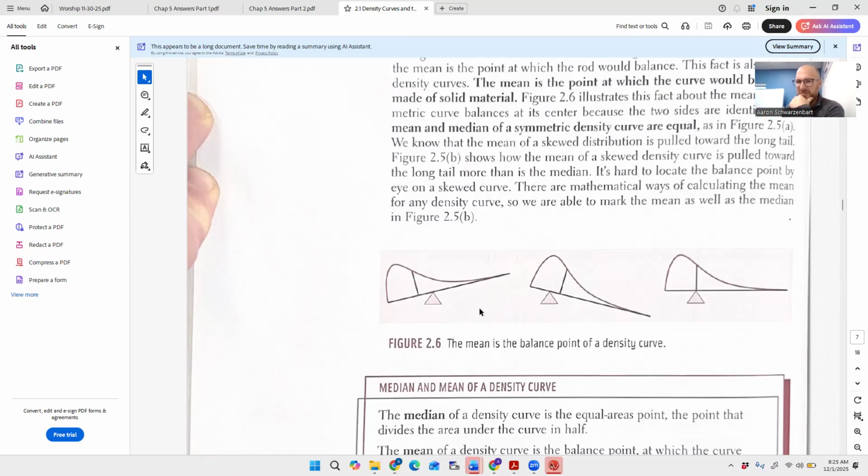Things that are further away have essentially more of a torque against it, just like a seesaw. So that's why it balances at the mean. There's less area on the right side of this one, but there's enough things that are further away to counterbalance it.